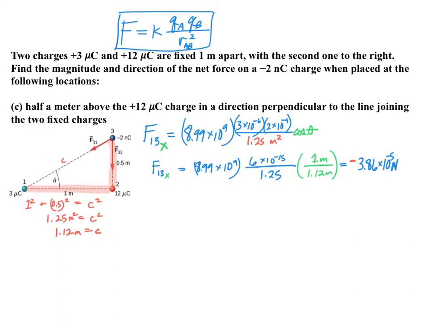But charge 2 on charge 3 is also a vertical straight line. So we have that. So let's do, what's the force of charge 1 on 3 in the y direction?